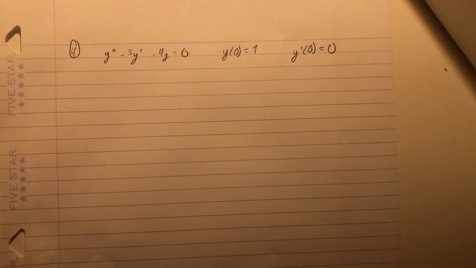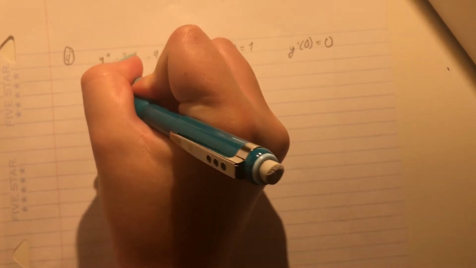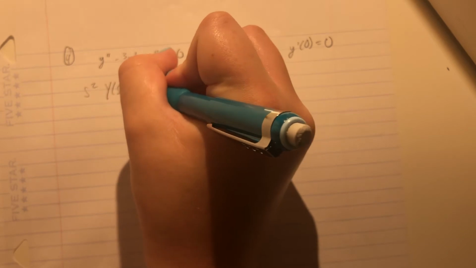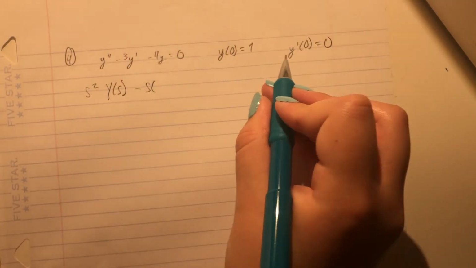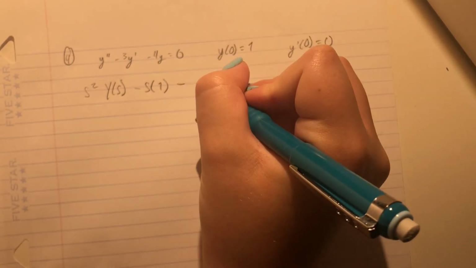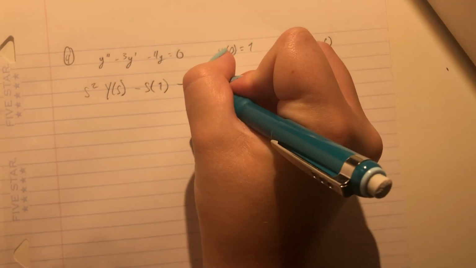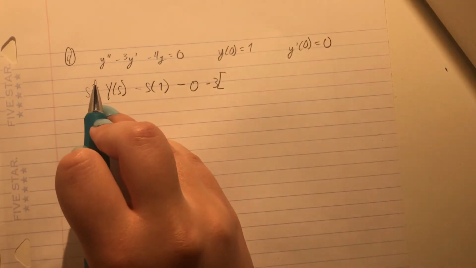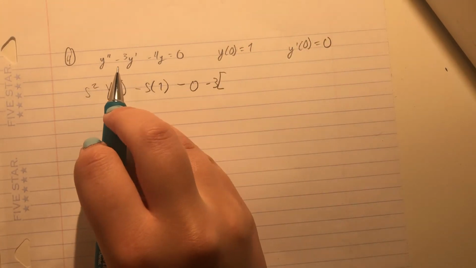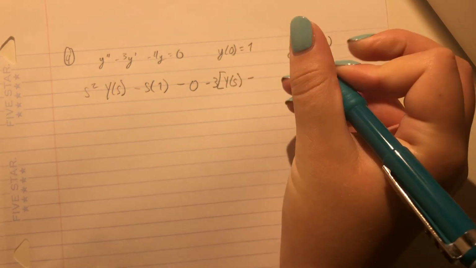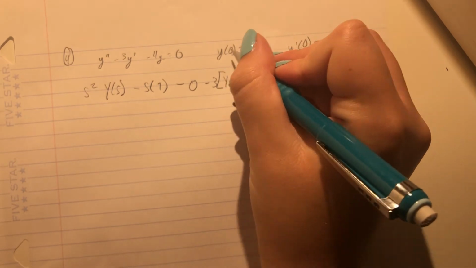So the first part, the y double prime, becomes s squared capital Y of s minus s times y of 0, which is 1, minus y prime of 0, which is 0. And then minus 3 times the whole bit of y prime, which becomes capital Y of s minus y of 0, which is 1.